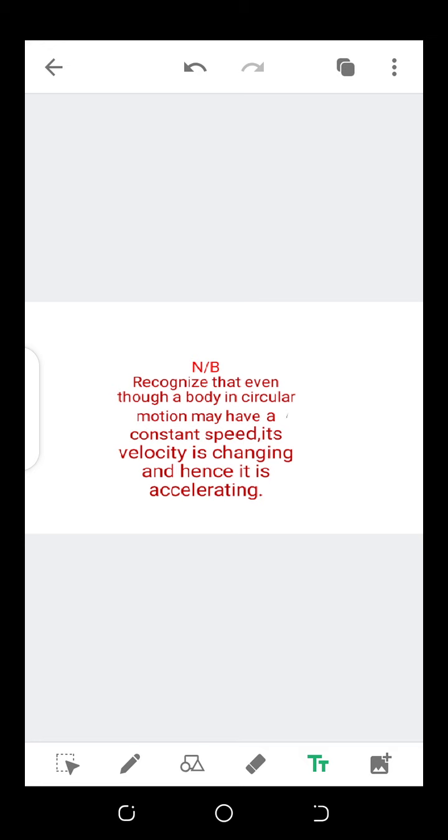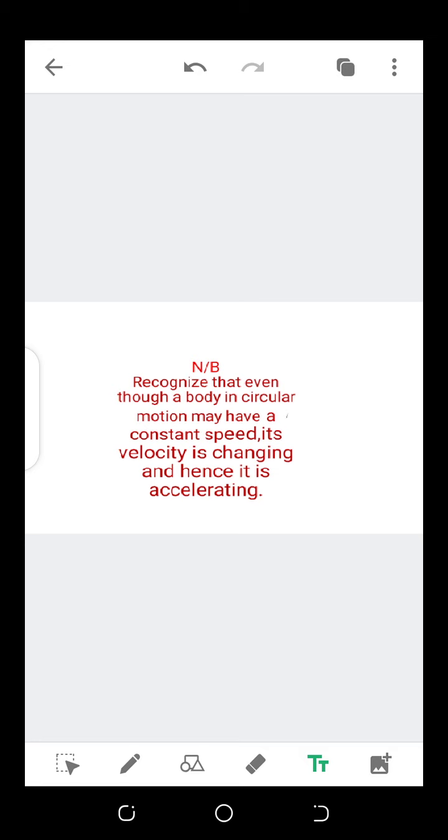Since the speed is constant, the final is the same as the initial, and if you subtract the two, the difference is zero.